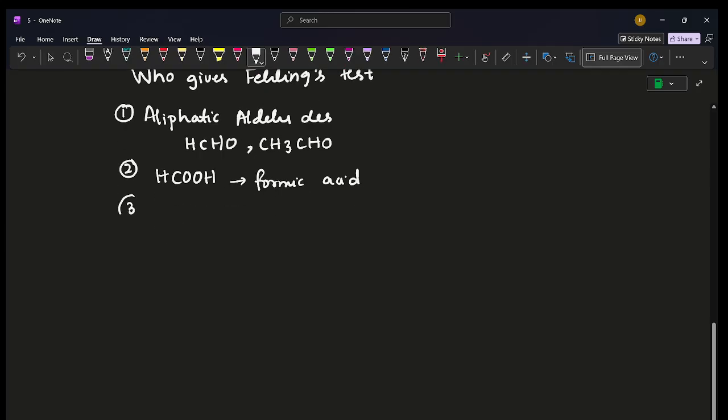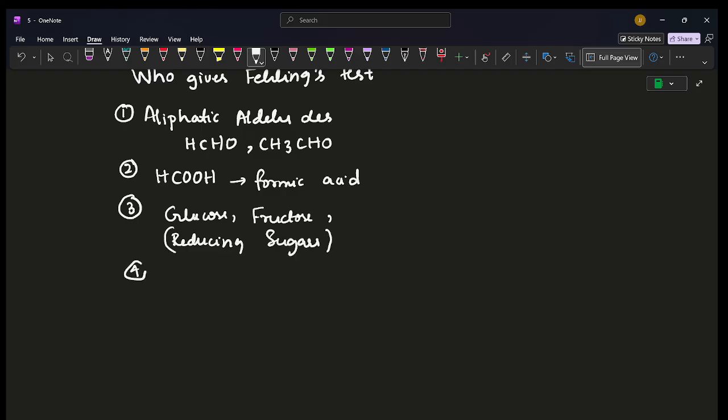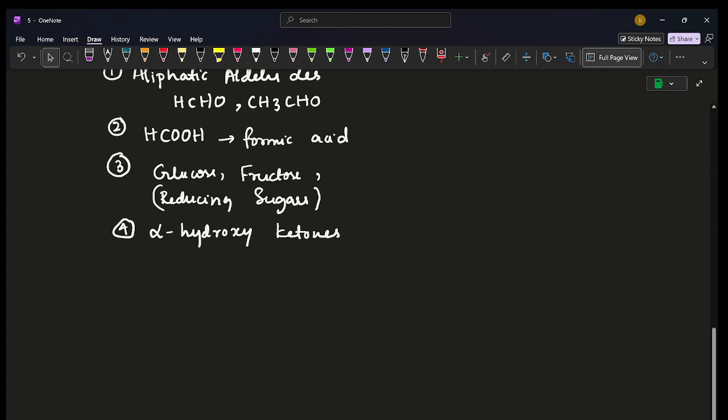And you have glucose, fructose, galactose, basically all reducing sugars, which give you this test. You have alpha hydroxy ketones which give you the test. You also have hemiacetals which give you the test.